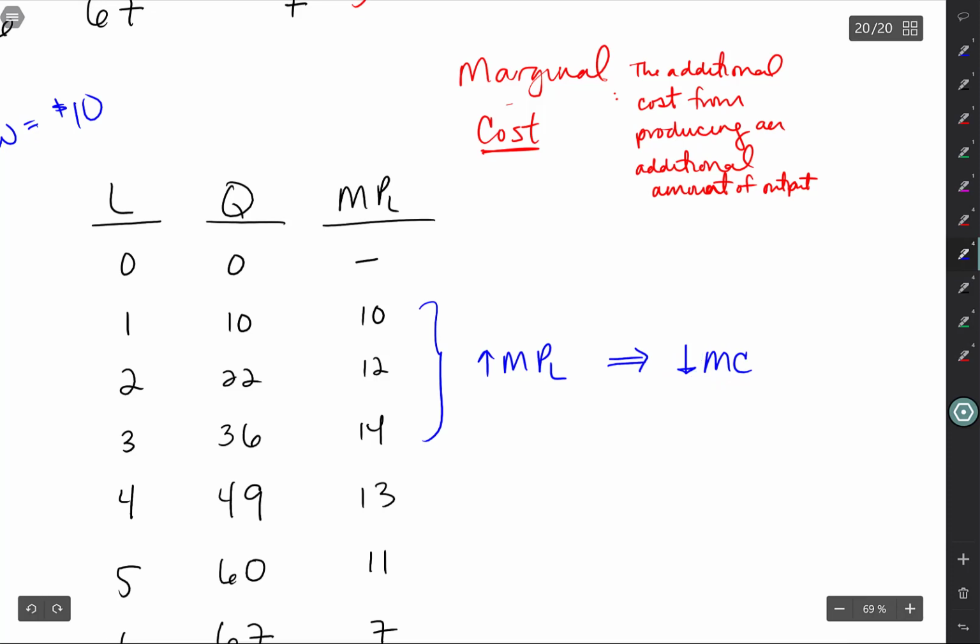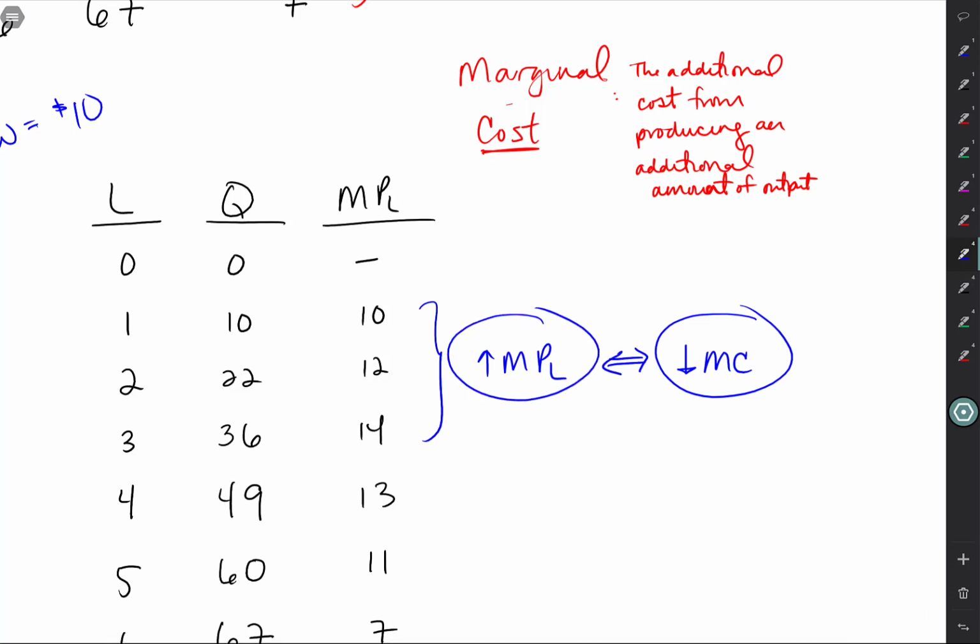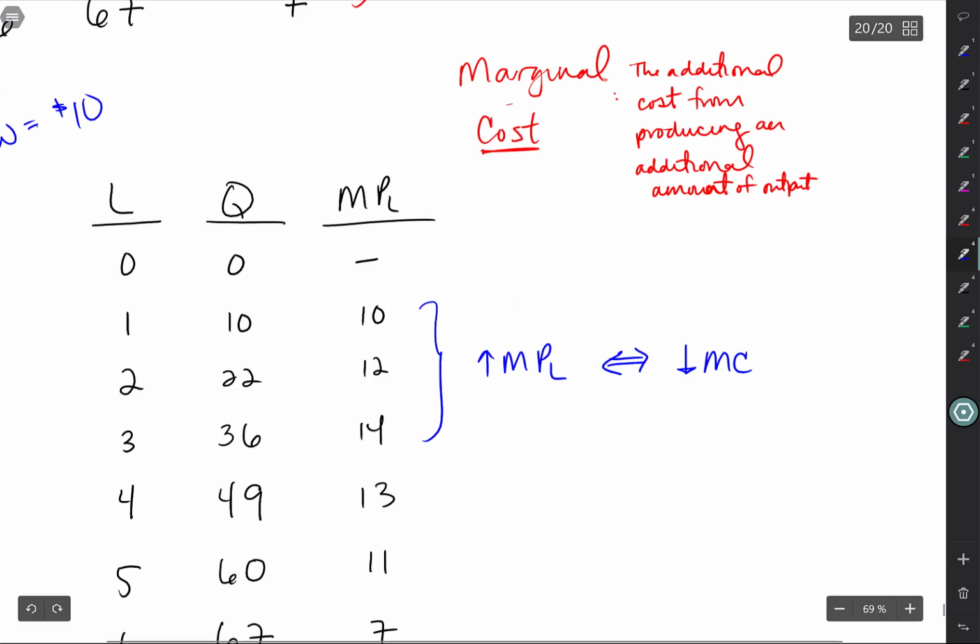Okay? And so whenever we have an increase in marginal productivity, marginal cost is going down. Also, it goes in the other way. If you know that this is happening, then you know that this is happening. If costs are decreasing at the margin, it must be that we're becoming more productive at the margin. That must be the case. These two things are inverses of each other. They go in opposite directions.